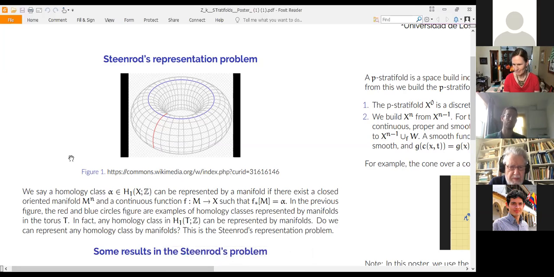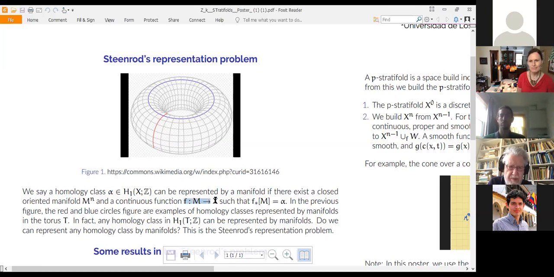We say that a homological class can be represented by a manifold if you can find a compact-oriented manifold without boundary and a function in such a way that this equation holds. If you know some basic notion of algebraic topology, maybe you can understand this question.